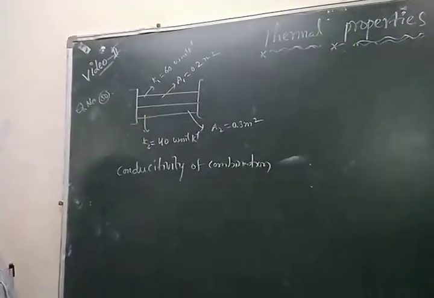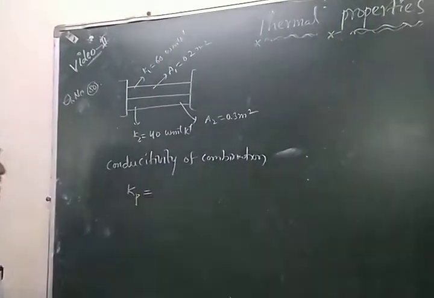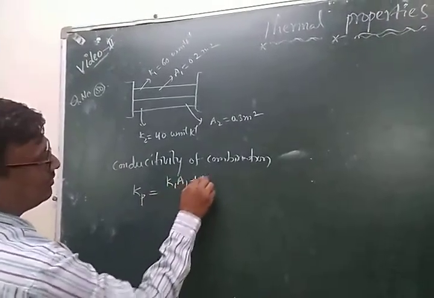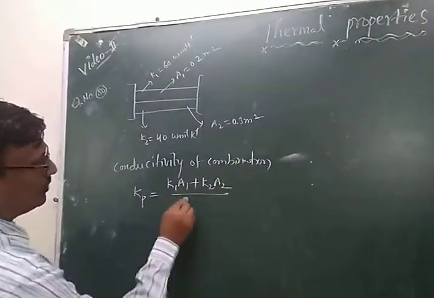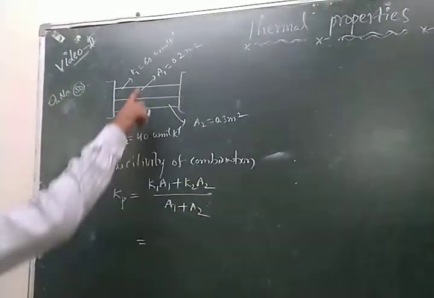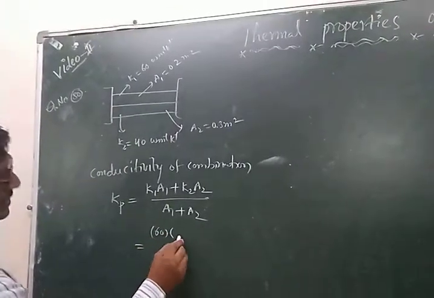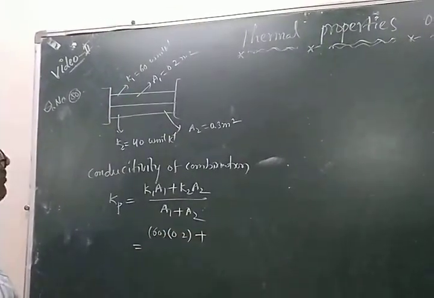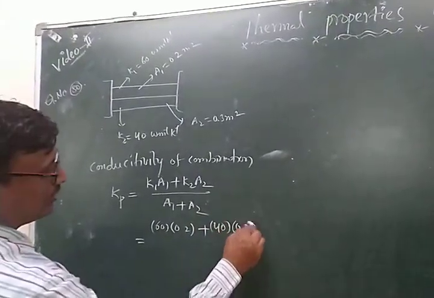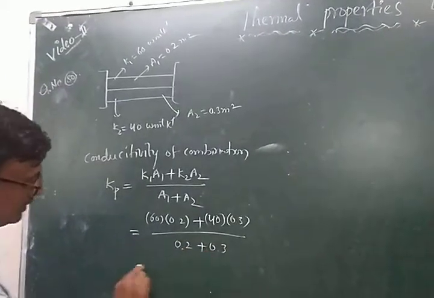When the two rods are connected in parallel, the effective conductivity of the combination, Kp, is equal to (K1A1 plus K2A2) by (A1 plus A2). Now I can write the given values: K1 is 60 and A1 is 0.2, plus K2 is 40 and A2 is 0.3, divided by 0.2 plus 0.3.